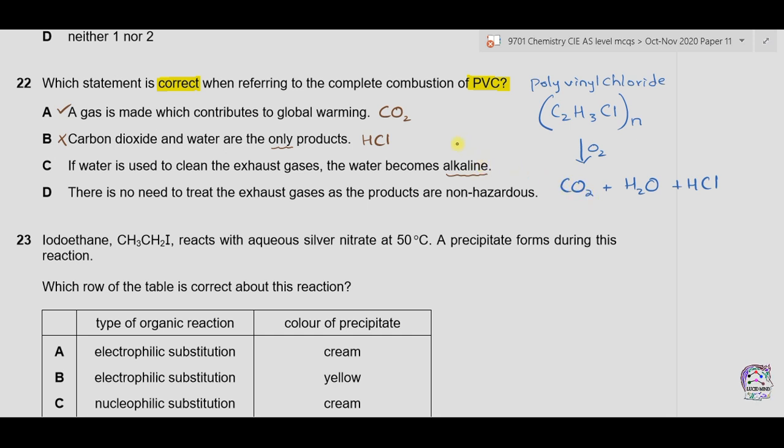Both are acidic in nature, so the water will become acidic, not alkaline. So C is incorrect. In D, there is no need to treat the exhaust gases as the products are non-hazardous. As HCl is an acidic gas and it is hazardous, D is also wrong. The correct option is A.